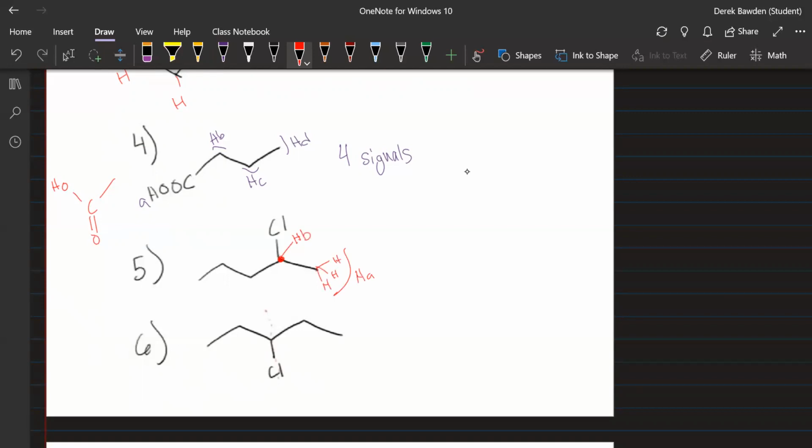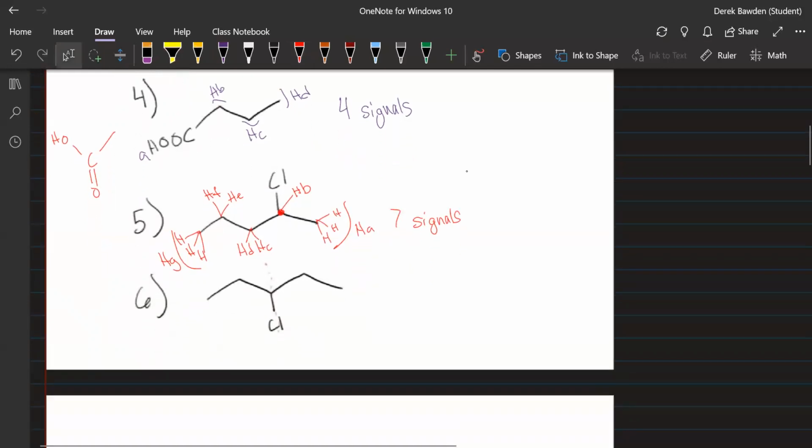This will be HB, HC, HD, HE, HF, and these 3 will all be HG. So a total of 7 signals for this example.